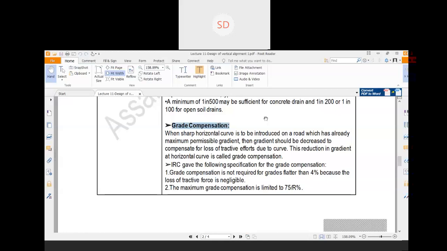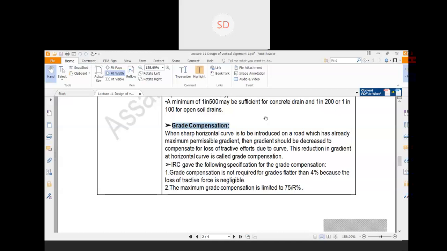As it is already a horizontal curve and the maximum gradient is already provided, it will create some problems for vehicles. So that maximum gradient is reduced by some percentage. Suppose it is reduced to 1 in 20 or 1 in 25, like that, so that different vehicles can easily get over it.